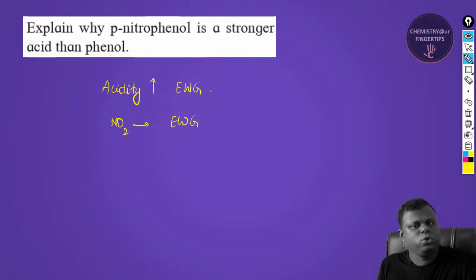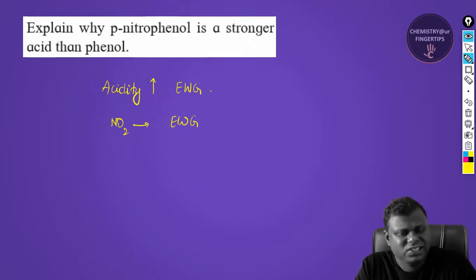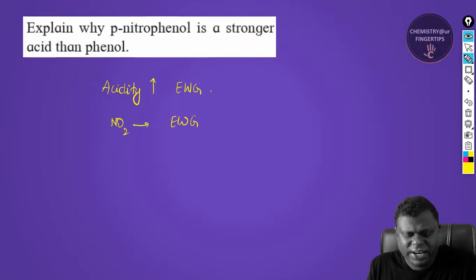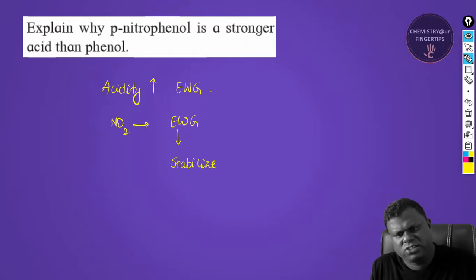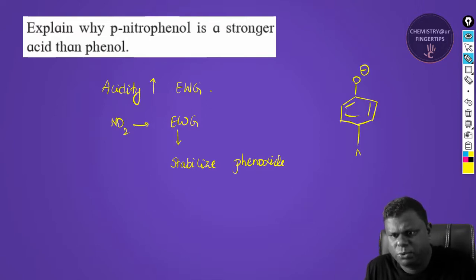The reason is the NO2 group is an electron withdrawing group that basically stabilizes the phenoxide ion. How is it going to stabilize the phenoxide? It's going to pull the electron pair. So let me just write it down. This is basically the phenoxide ion, and then I have this NO2 group over here.